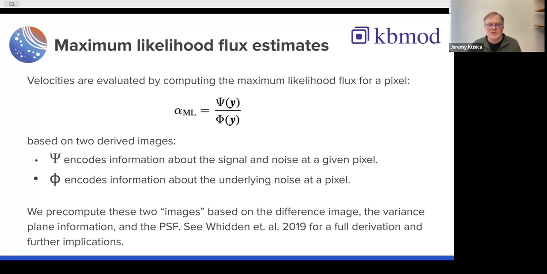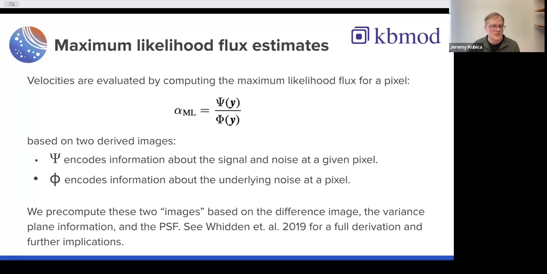But the idea is basically to ask the question, if we were to compute the maximum likelihood estimate of what the object's flux was, assuming there was an object at that pixel, what estimate do we get? And we can do this by creating two derivative images, one of which just accounts for the underlying noise, and one of which accounts for the signal and the noise at the pixel.